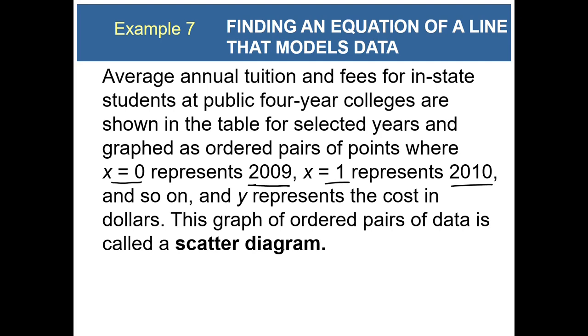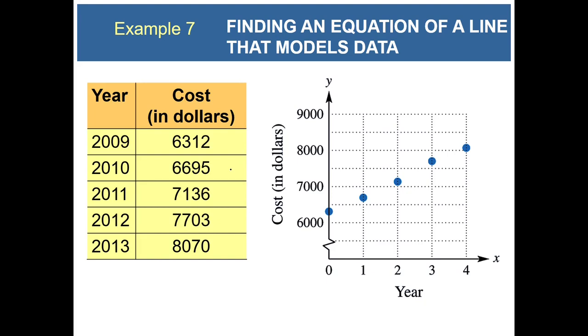This graph of ordered pairs of the data is called a scatter diagram. It shows us in 2009 we have $6,312 for tuition. In 2010 we have $6,695 for tuition, and it appears to increase over the four years.